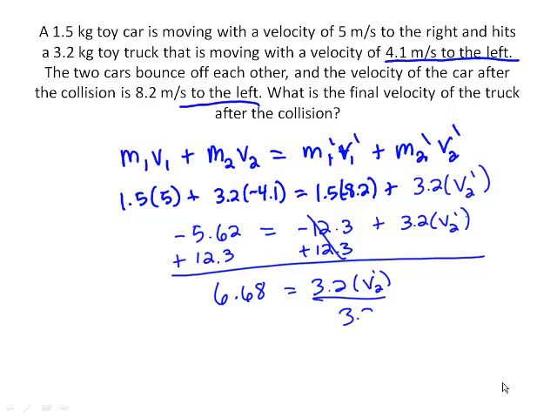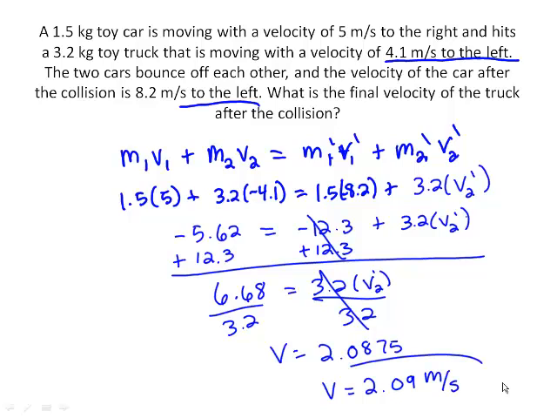So if we divide by 3.2 on both sides, these are going to cancel out, and velocity is going to equal 2.0875, but we will round to 3 digits, which will be 2.09 meters per second. Know how to do a problem like that. That's our elastic collision.